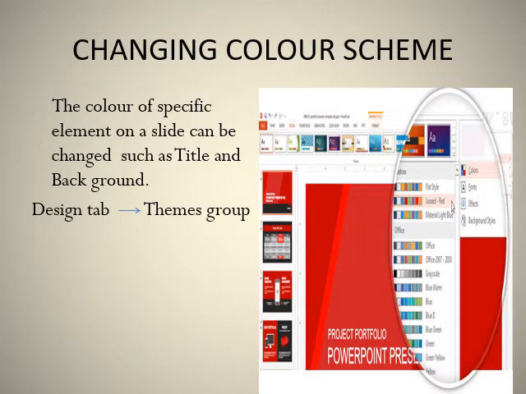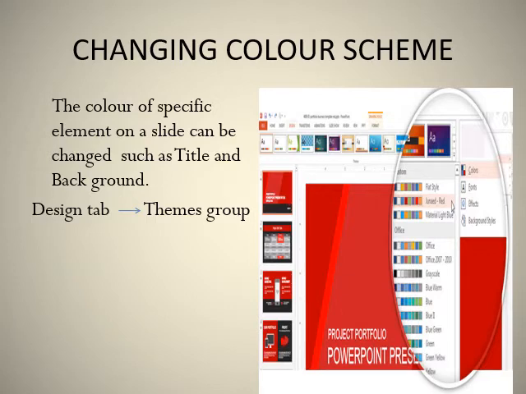Changing color scheme. In this portion, we will learn how to change the color scheme of the complete presentation or a single slide. The color of specific elements on a slide, such as title and background, can also be changed. So how will we do it? We will go to the Design tab, then the Themes group.